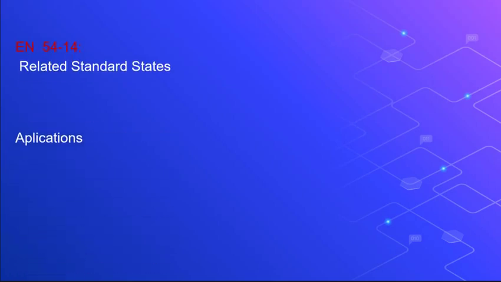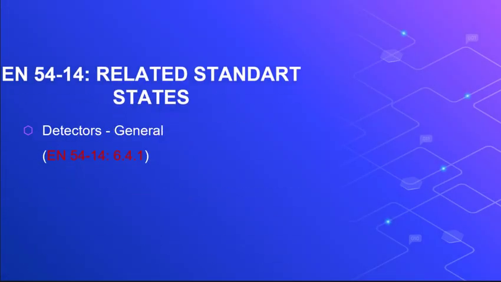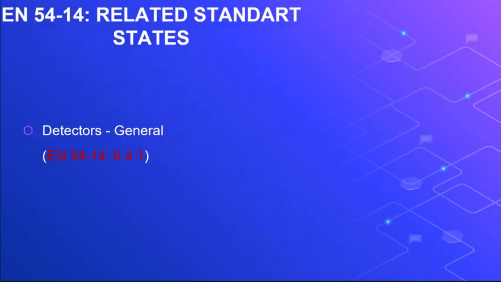EN 54-14 is the related standard and states applications, project principles. 6.4.1 is about detectors: general factors affecting the choice of detector type. Legislative conditions.